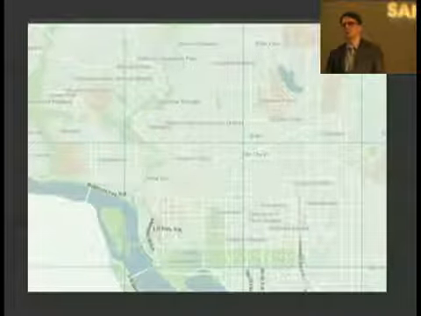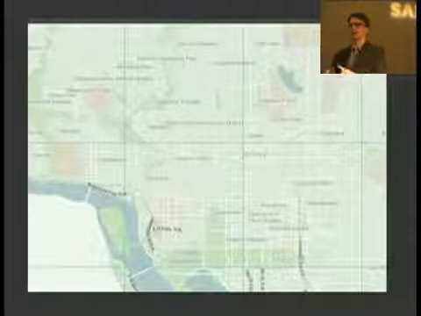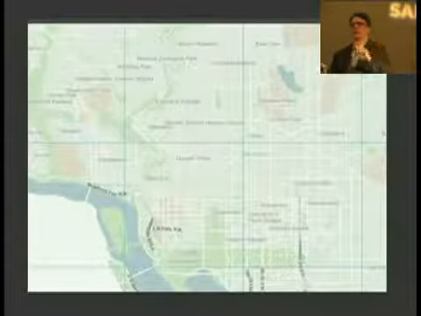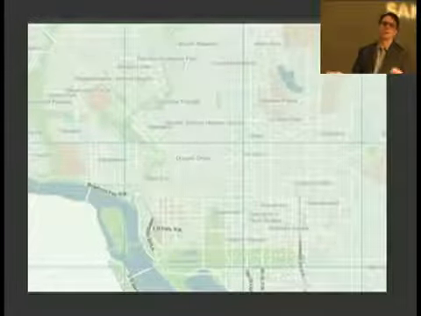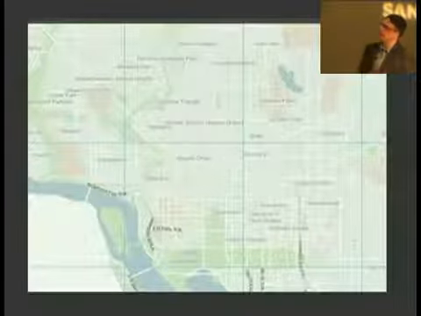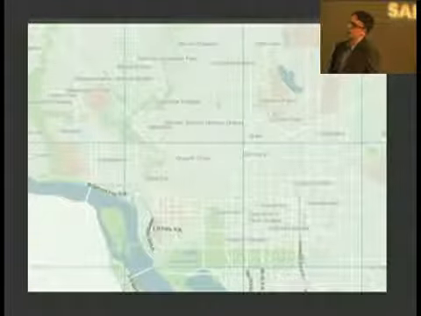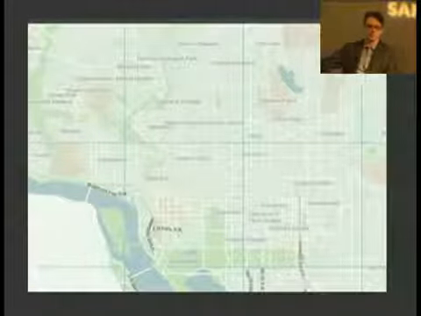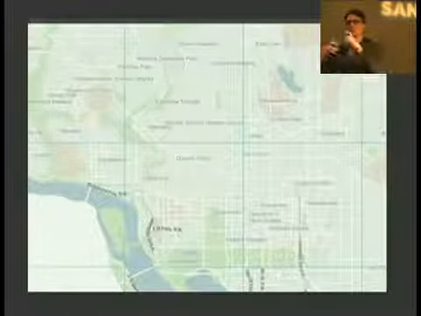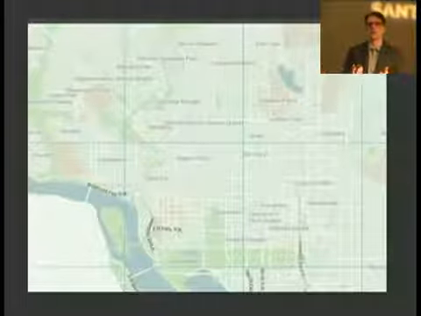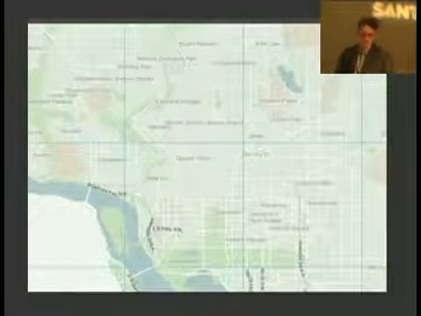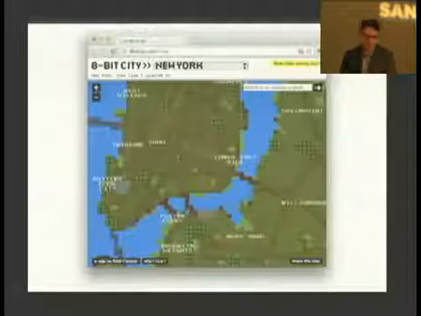What happens is your browser has some JavaScript that knows the extent of your viewport, and it translates that into some real-world latitude and longitude, makes a request to your server, and then it knows to say, okay, I need the tile for this bounding box, this bounding box, this bounding box, and so those are each individual HTTP requests, and then your browser does the work of reassembling each of those individual image requests back together in your browser. So that's what happens when you use Google Maps or comparable product.